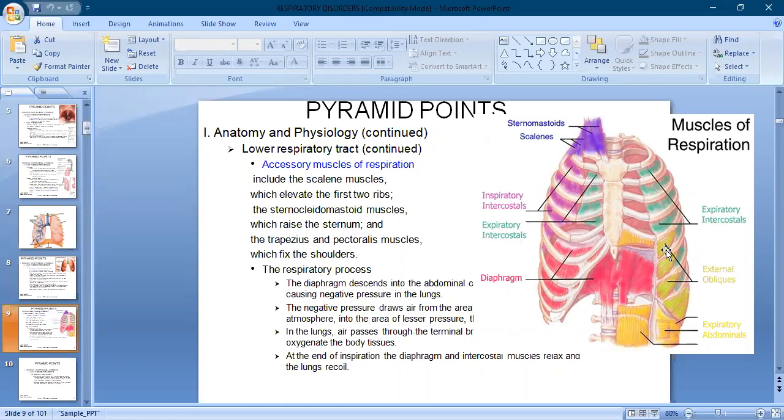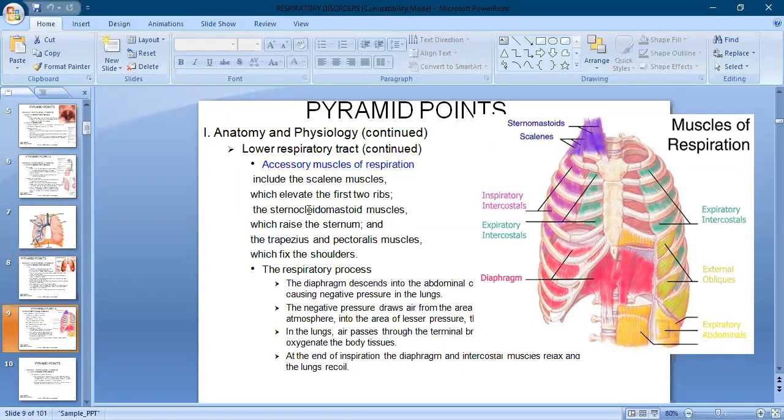Another muscle is called the external oblique muscle, and this is the diaphragm, the major muscle of respiration. The other muscles directly or indirectly help respiration, and these are called accessory muscles. The accessory muscles include the scalene and also the sternocleidomastoid, right?